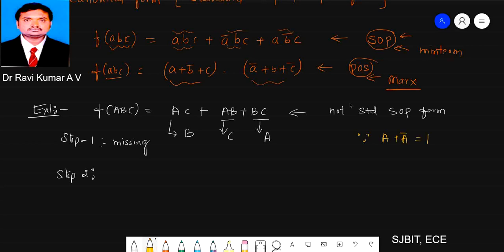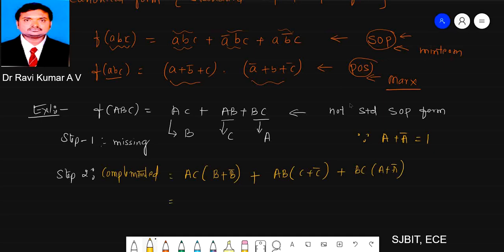In the same way, here we get the complemented form with the missing literals: AC into B plus B bar, plus AB into C plus C bar, plus BC into A plus A bar. That will be the same.